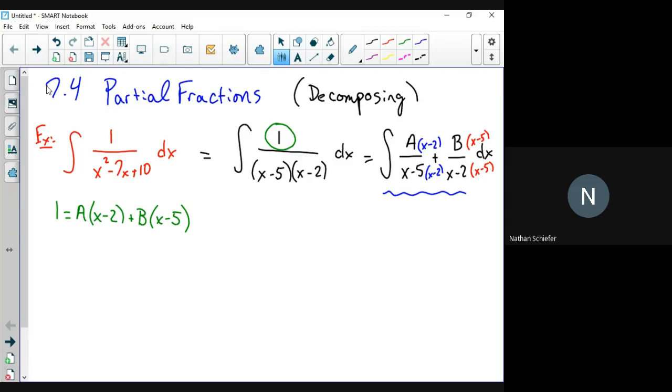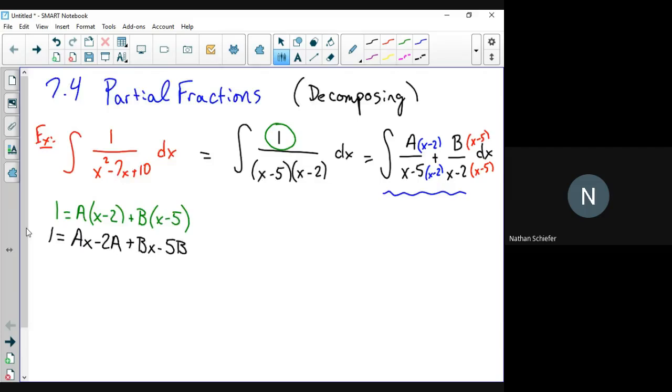And hopefully you can see that we're going to be able to find the a and the b that make this work. Now, you might be using a little bit of algebraic technique that you're not accustomed to, but I think it'll make some sense to you. I would distribute this out, and this would give you ax minus 2a plus bx minus 5b.